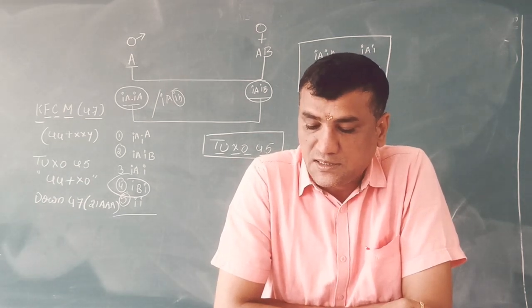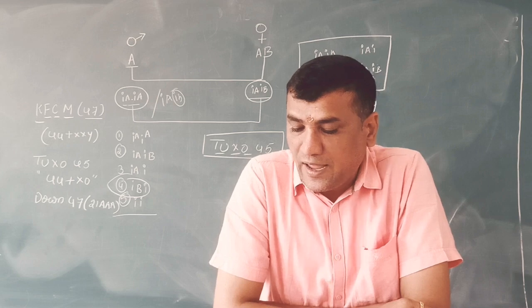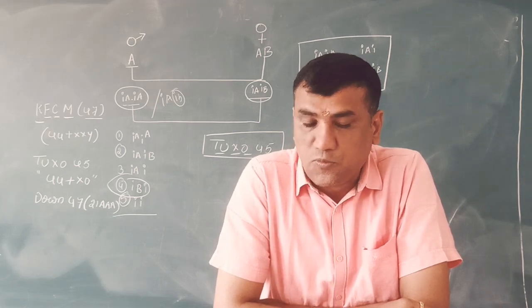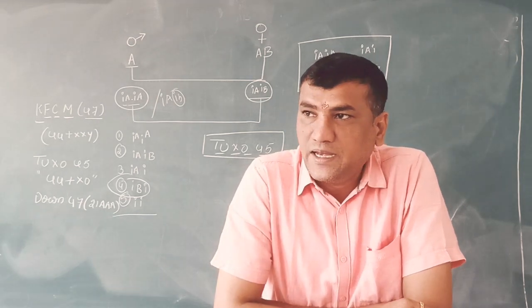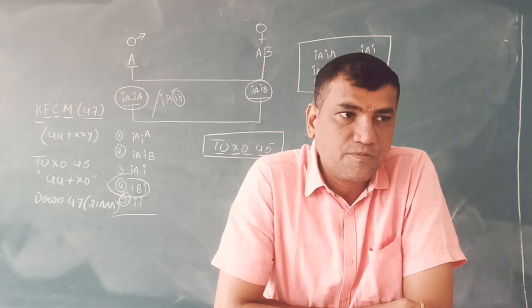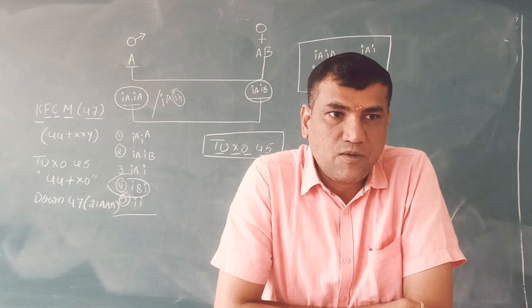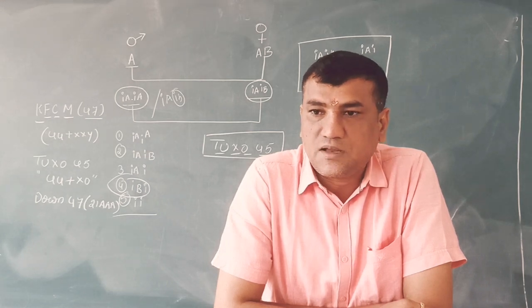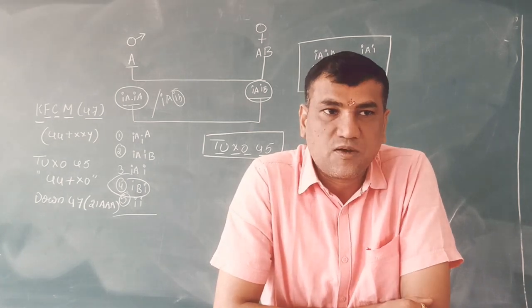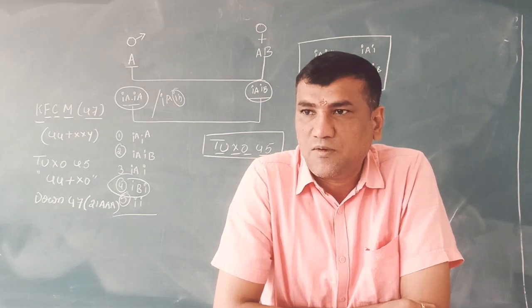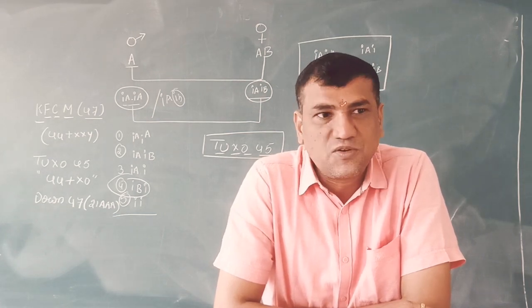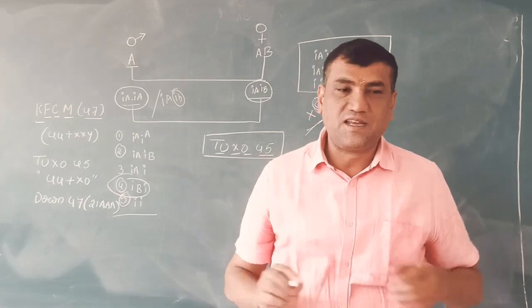What are the chances of their child having O blood group? O blood group means anytime it will be, considering how many eggs are formed and how many ova are formed, there is a possibility of 50%. So 50%.